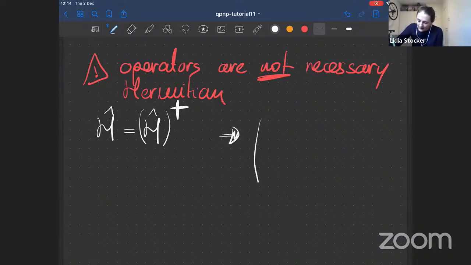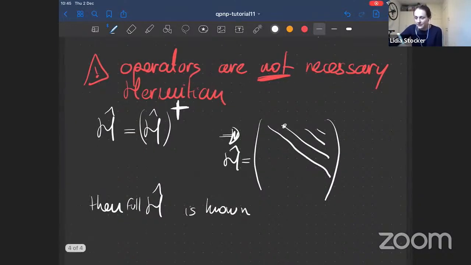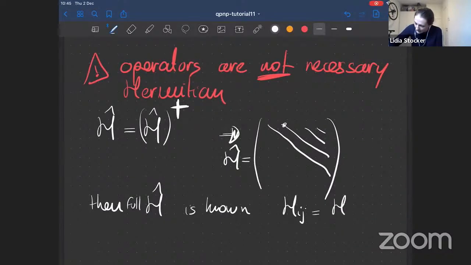This means that if we calculate all of these elements of the upper diagonal of H, then the full H is known, because I just take this element, take the complex conjugate, and insert it in the transposed place. So this is because Hij is equal to Hji complex conjugate, if we write it in a matrix representation. For operators, it's not the case. You have to compute, in this case, all of the 9 elements.